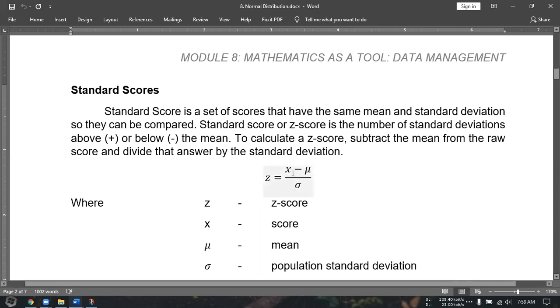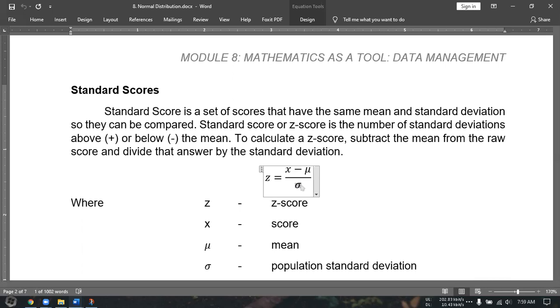Then we have x, the given score or the raw score, and then we have the Greek letter sigma. We have the standard deviation. Again, we have different symbols for the sample standard deviation and the population standard deviation.